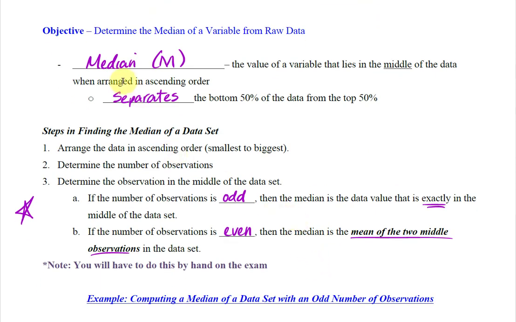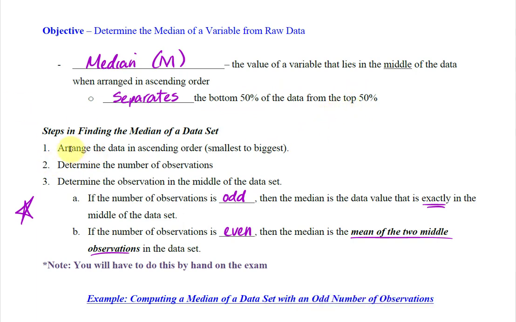Okay, the next objective is to determine the median of a variable from the raw data. The median, or the big M, is the value of the variable that lies in the middle of the data when arranged in ascending order. This value separates the bottom 50% of the data from the top 50%.